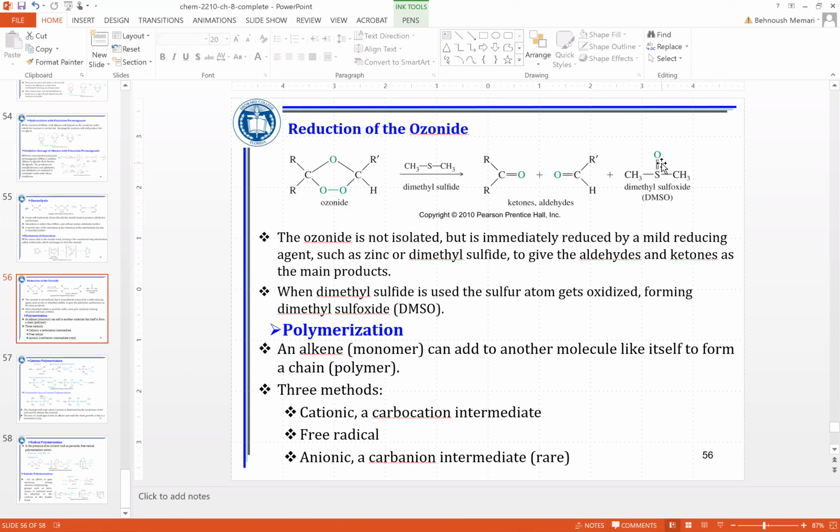So when you were talking about DMSO or DMS in chapter 6 or chapter 7 for SN1, SN2 reactions, that's basically what it is. You have the 2 methyl groups attached to sulfur, that is DMS, and then in DMSO the oxygen is also attached to sulfur. So it's the oxide, sulfoxide.